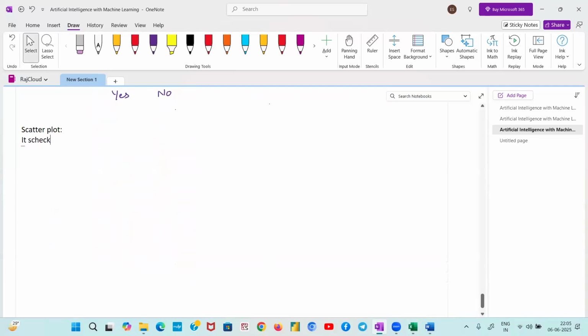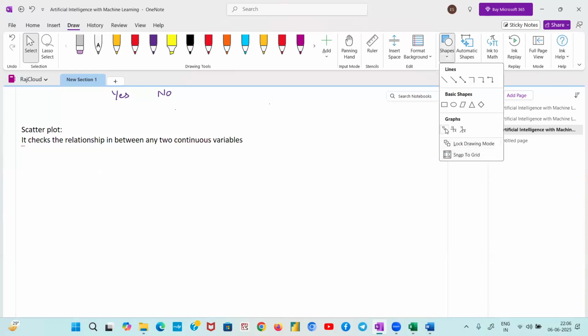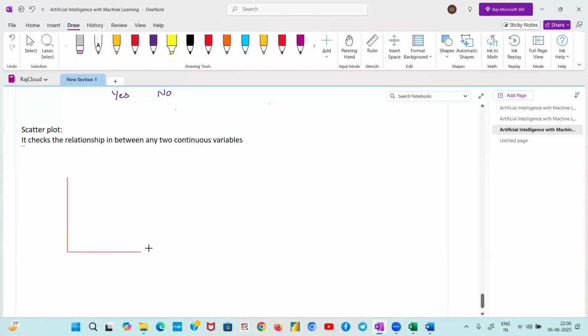It checks the relationship between any two continuous variables. Simply I will tell you, easy to understand, so that you get a proper idea of the scatter plot.